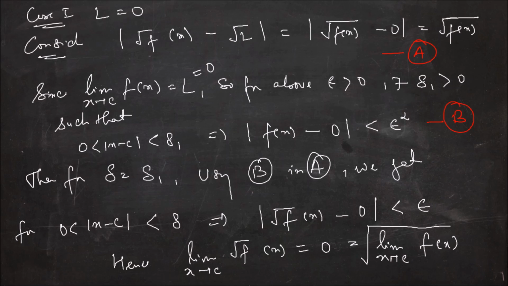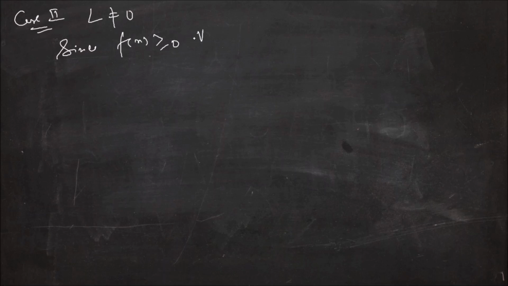Now let us proceed to case 2, when L is not equal to 0. So case 2, L is not equal to 0. Since f x is greater than or equal to 0 for all x belonging to A, this implies L is strictly greater than 0.